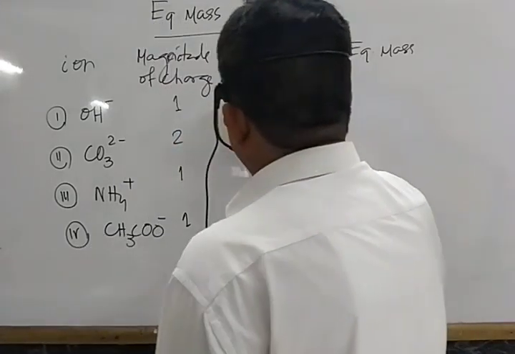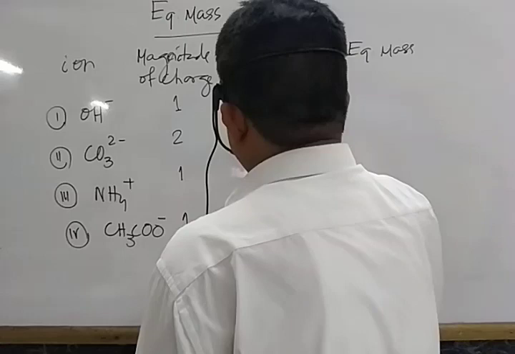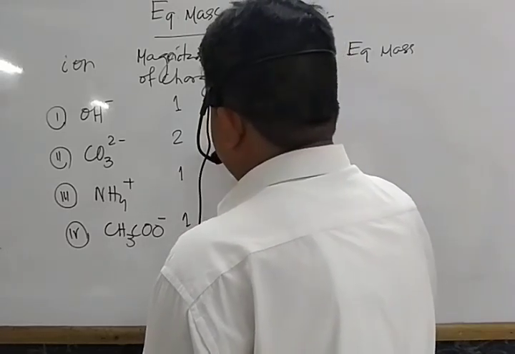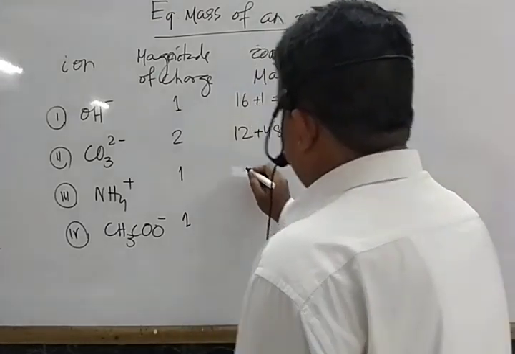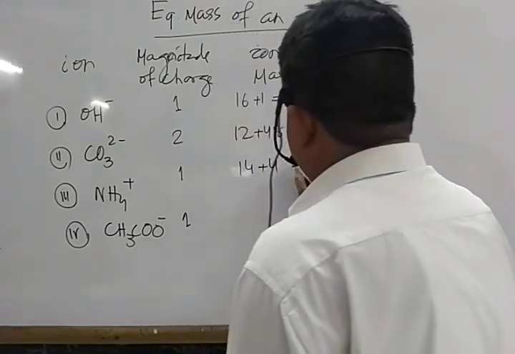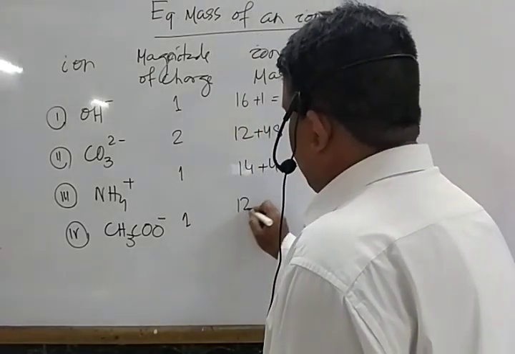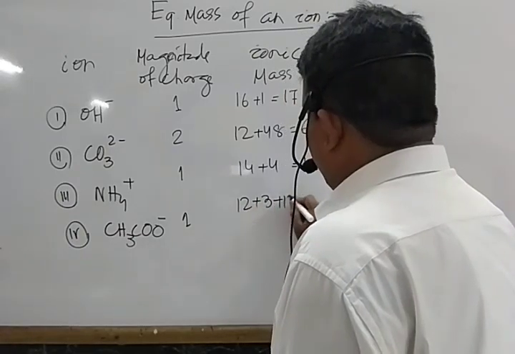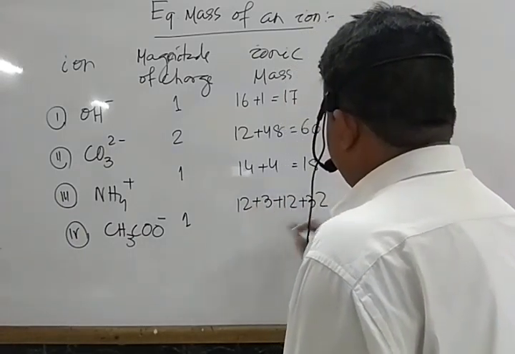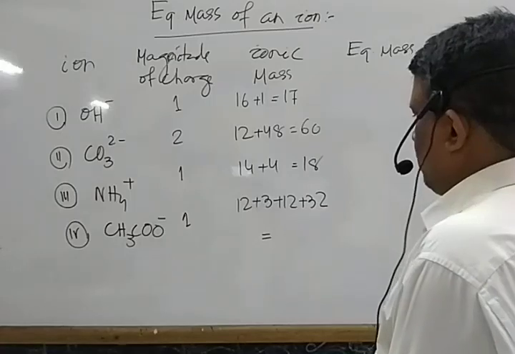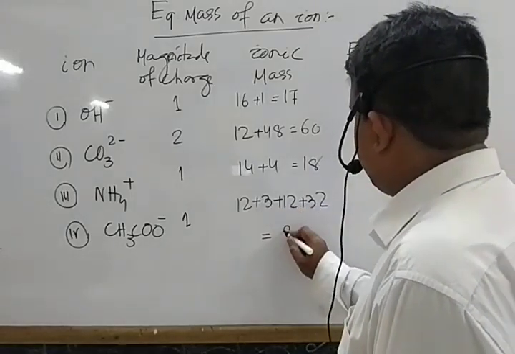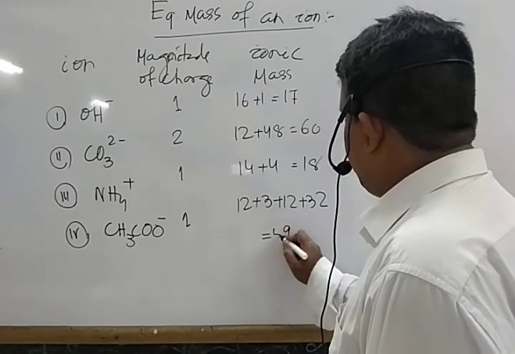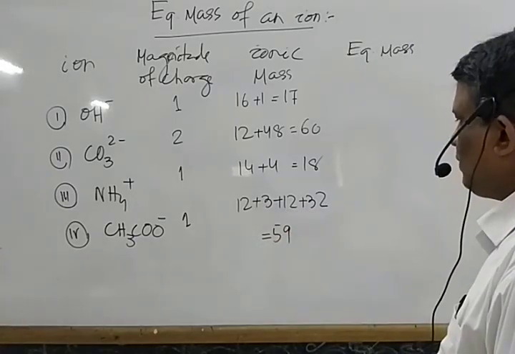So ionic mass: 16 plus 1, that is 17. It is 12 plus 48, that is 60. It is 14 plus 4, that is 18. It is 12 plus 3 plus 12 plus 32, this is equal to 59.